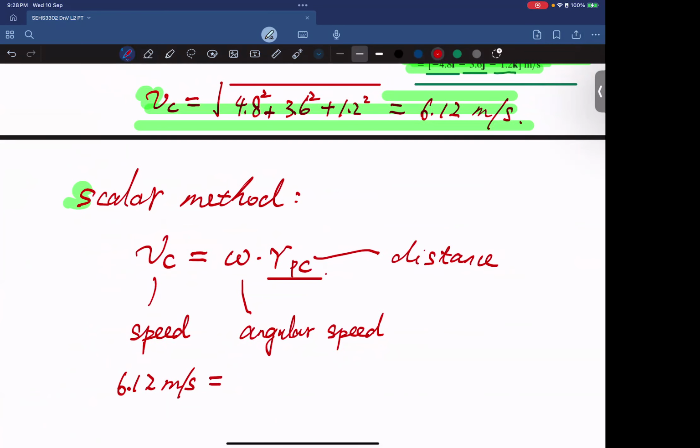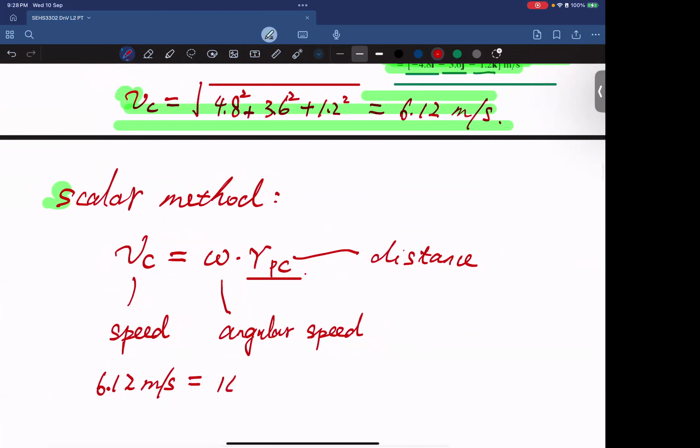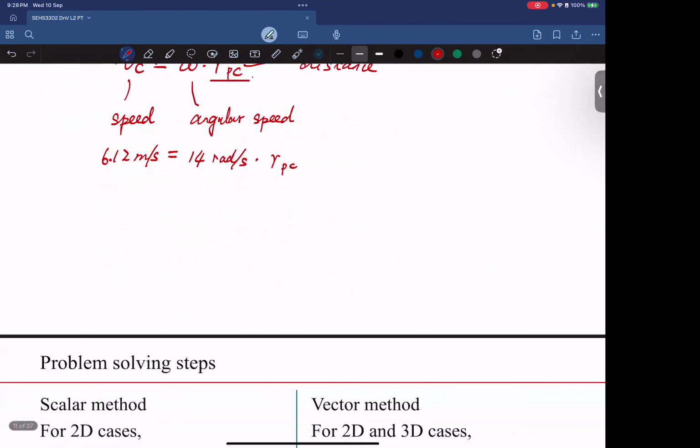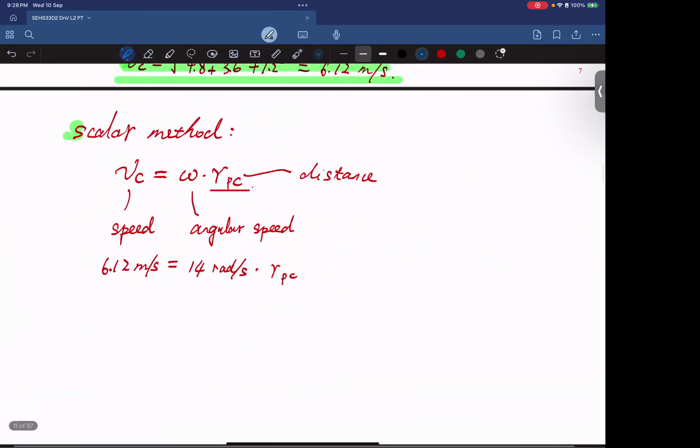We obtain that. And then it equals omega. Omega, we know it is 14, right? 14 radians per second, times the RPC. And finally, we find it can be calculated, right? So therefore, RPC is VC over omega, which is 6.12 over 14, right?